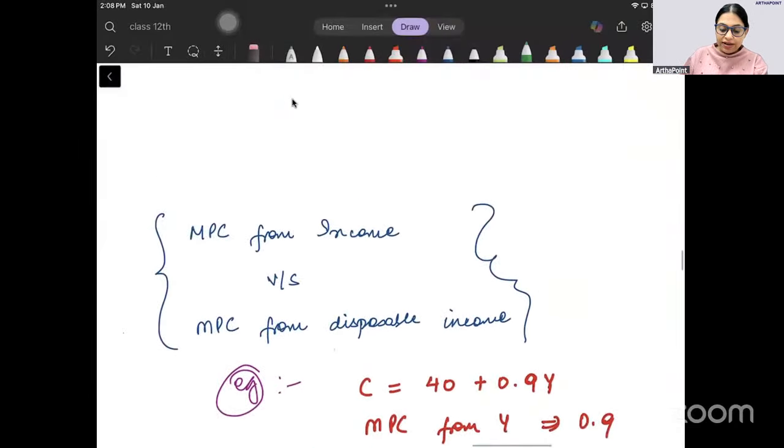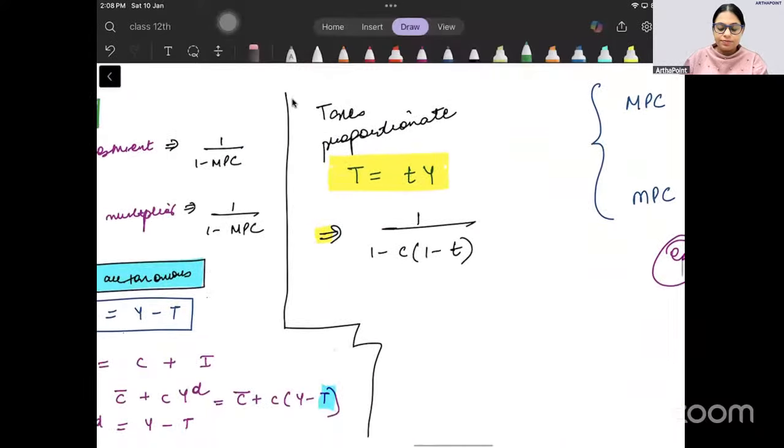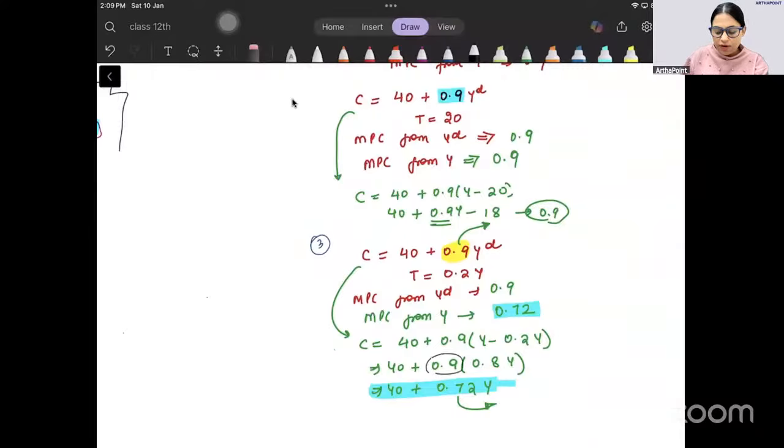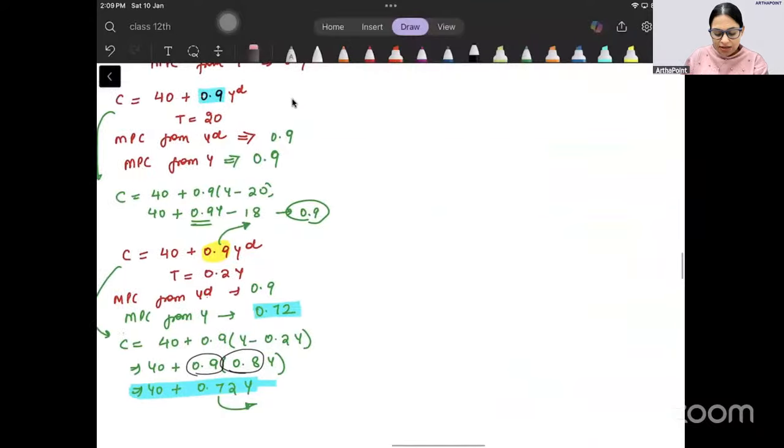Now if I tell you that the formula is 1/(1 minus c(1 minus t)). See this, c into 1 minus t. Isn't it this, c into 1 minus t? Are you understanding? I can very well write this as 40 plus 0.9(1 minus 0.2)y. So this aspect is c into 1 minus t.